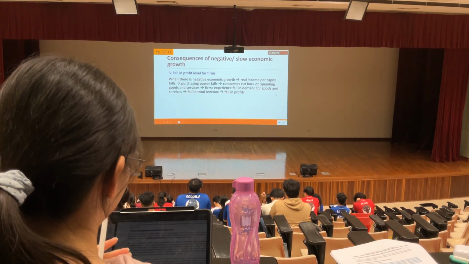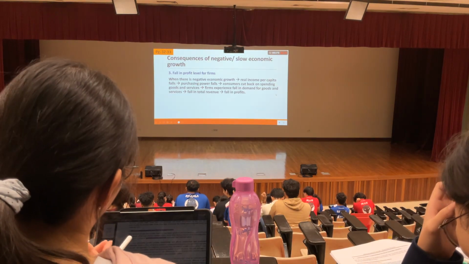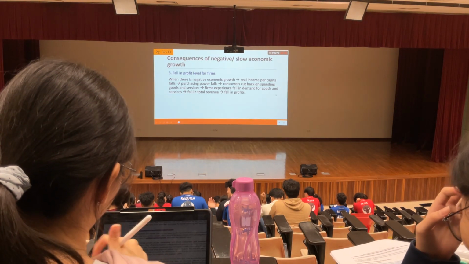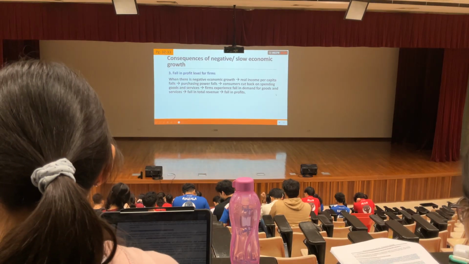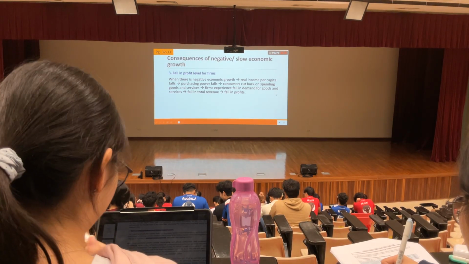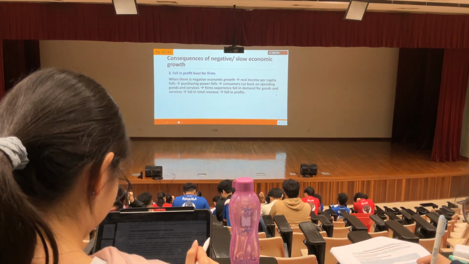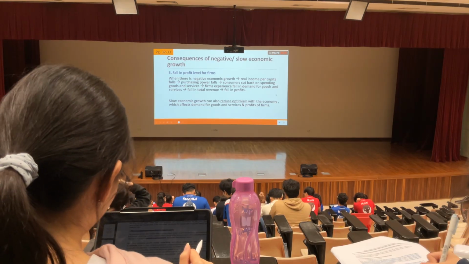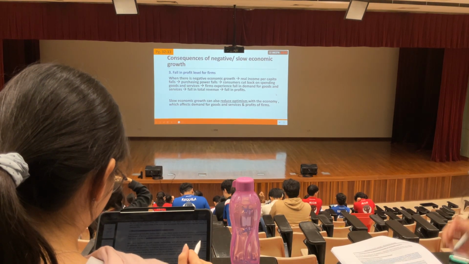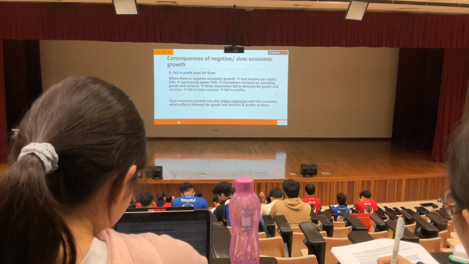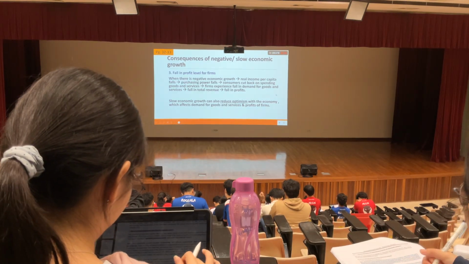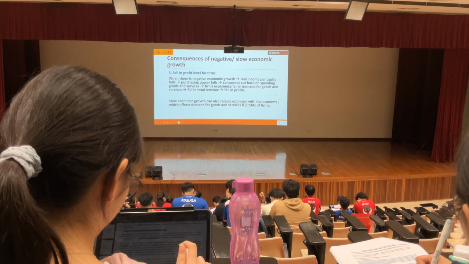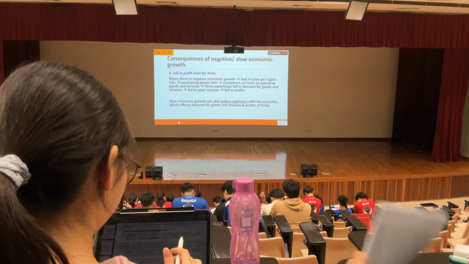So firms experience a fall in demand for goods and services. There is a fall in revenue and hence a fall in profits. Okay? Slow economic growth can also reduce your optimism about the economy, which affects demand for goods and services and also profits for firms.